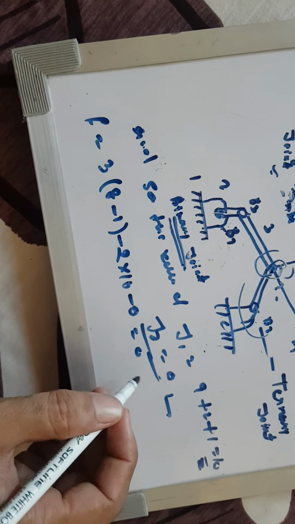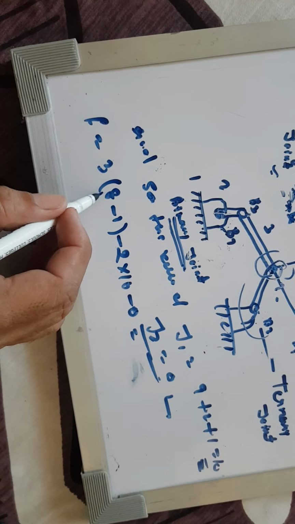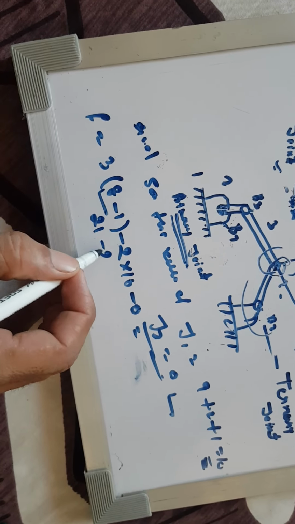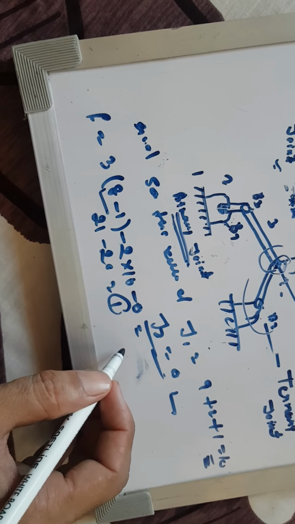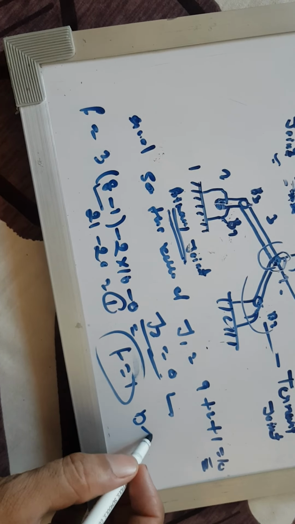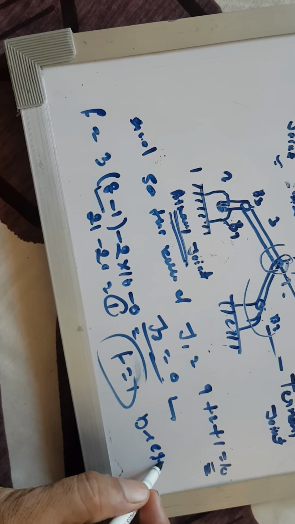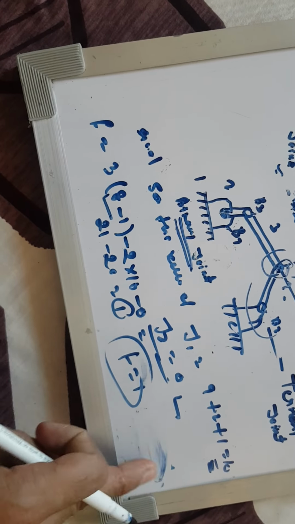If we calculate this, 21 minus 20, that is 1. So 1 is the degree of freedom. So the degree of freedom is 1.